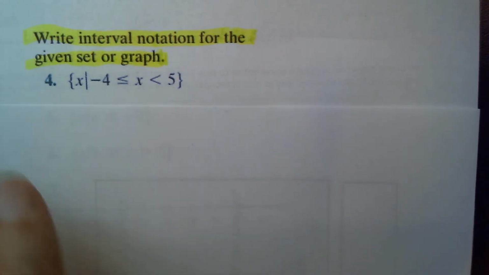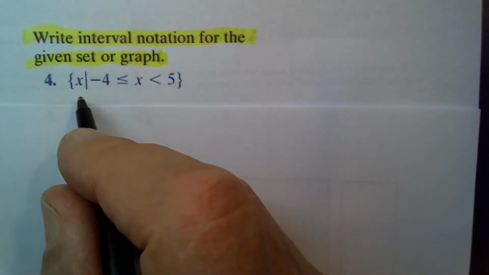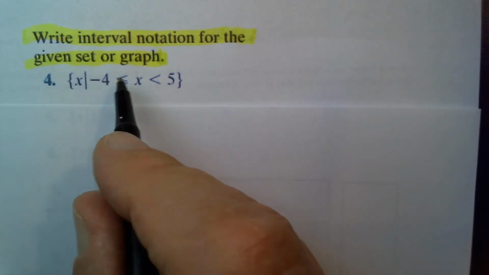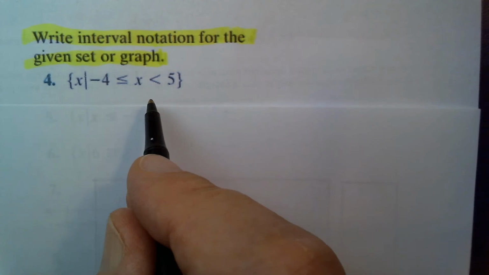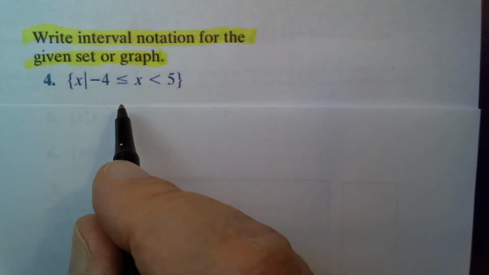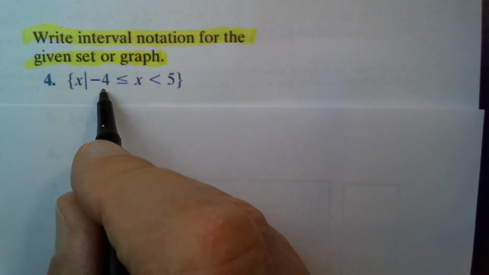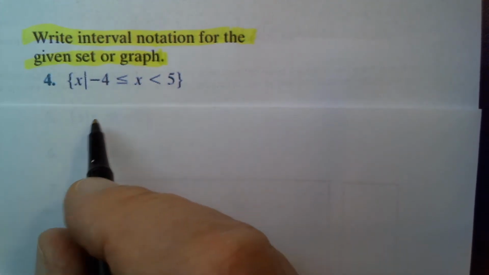For the next few exercises, we are asked to write in interval notation the given set or graph. So here we have the set notation, and so we're supposed to write it as an interval. And so here the set notation says the set of all x such that -4 is less than or equal to x less than 5.